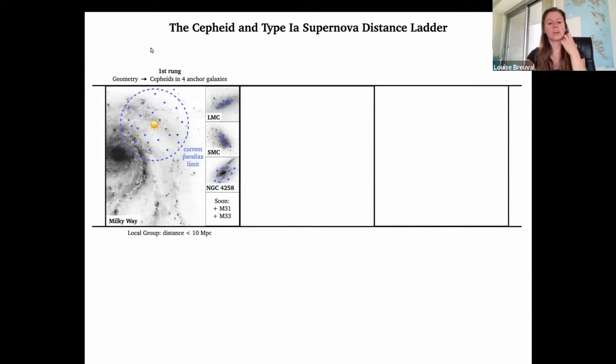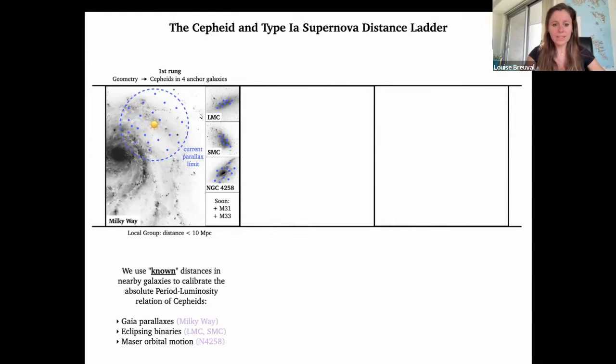And this can be done in a few nearby galaxies: the Milky Way with Gaia, but also the Large Magellanic Cloud and the Small Magellanic Cloud. We know their distances from eclipsing binaries. And the other galaxy is NGC 4258. We know the distance from the motion of the water maser in the center. So all these are independent methods to get geometric distances.